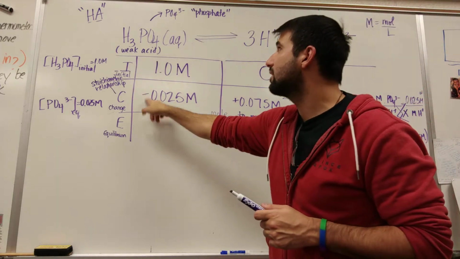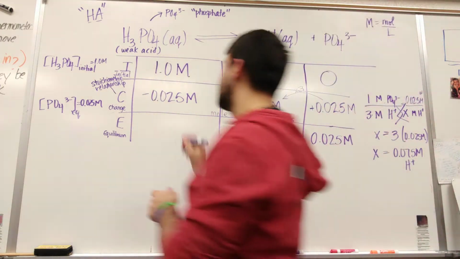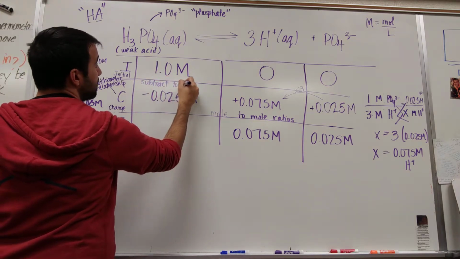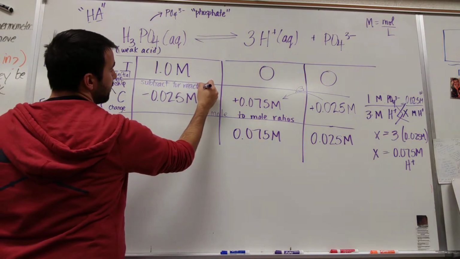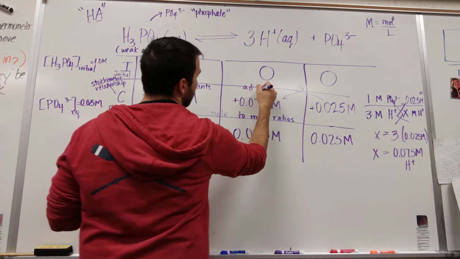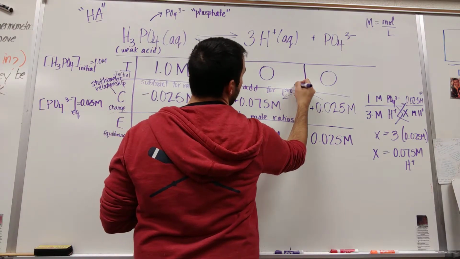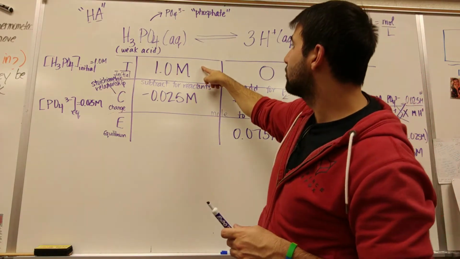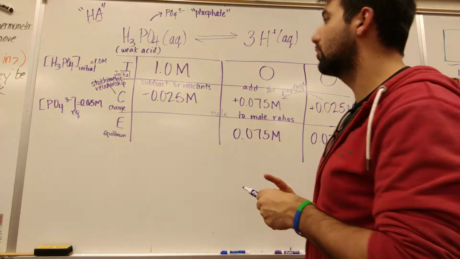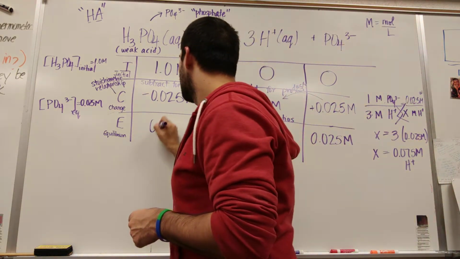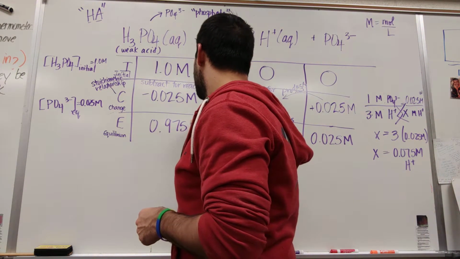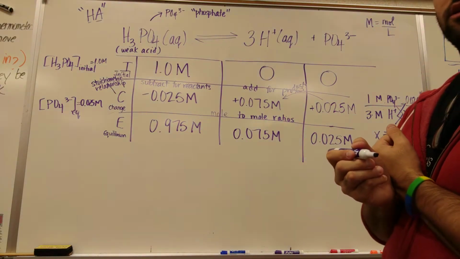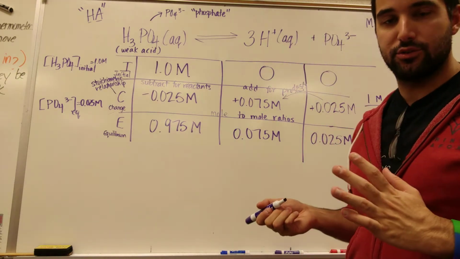And I'm subtracting it because I always subtract from my reactants. I subtract for reactants because I'm using it. Reactants get used up, and I add for products because I'm making my products. Okay? And so now I could do 1 minus 0.025, and that should be 0.975 molar. Okay?